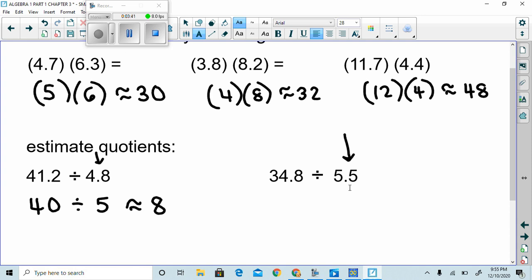Rounding the divisor gives me 6 in my next problem. I'm thinking of the 6 times table. I'm thinking that 6 and 36 are close here, so we're going to say this is approximately equal to 6. And there we have some practice with our estimation problems, estimating sums, differences, products, and quotients.